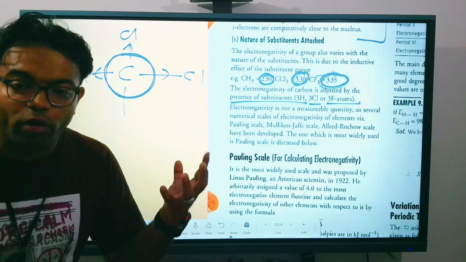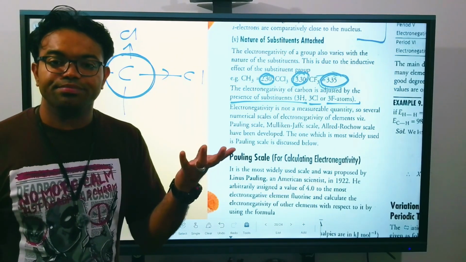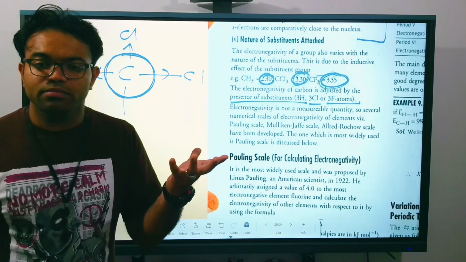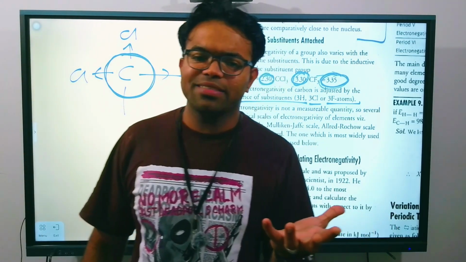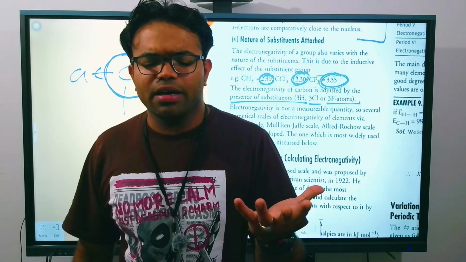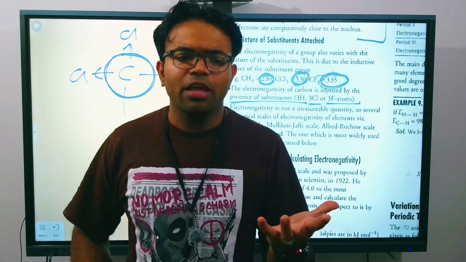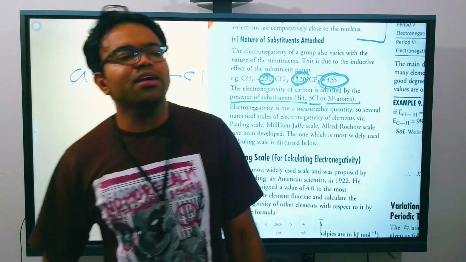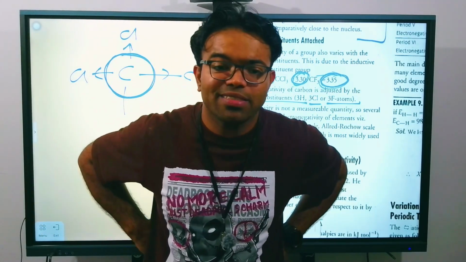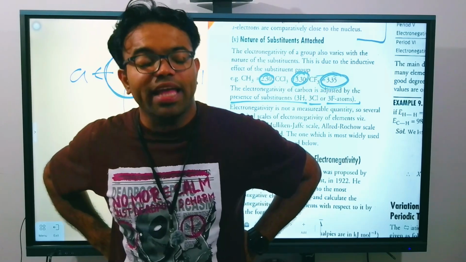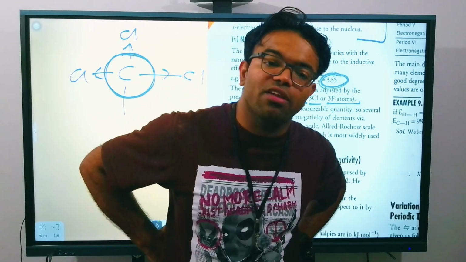Are you able to understand what I'm trying to say? I know it's a bit of a complicated topic, but if you think of these elements as people, you will be able to understand their nature much more clearly. Think of fluorine and chlorine being more selfish than carbon.